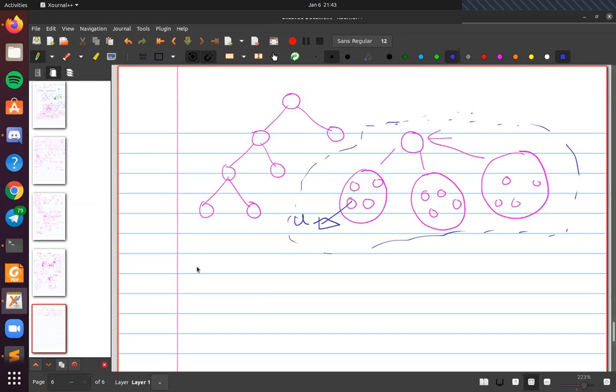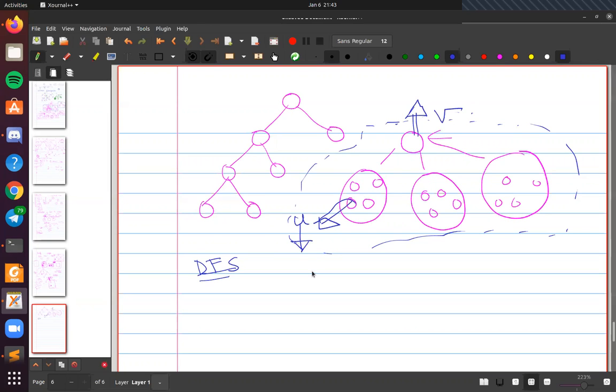Whenever I am doing DFS for a node, meaning for this tree, then this will be an ancestor of this node U in the centroid tree.